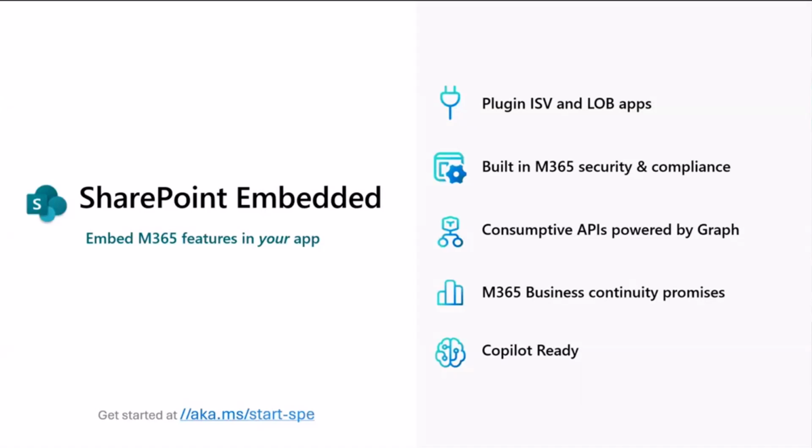Awesome. All right. So many of you probably already know what SharePoint Embedded is, but I'll refresh. SharePoint Embedded is a SharePoint platform that lets you embed Microsoft 365 features in your applications. So using Graph APIs, you have access to the core Microsoft 365 capabilities, including security and compliance, and the entire business continuity that you typically get with the Microsoft tenancy.